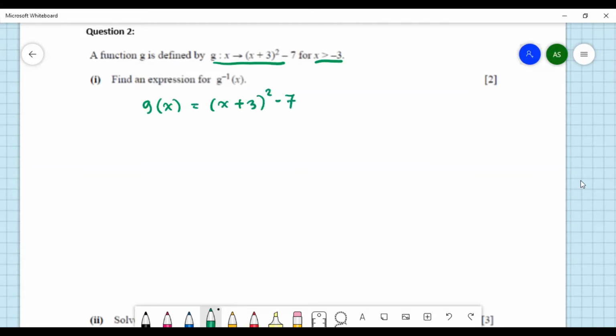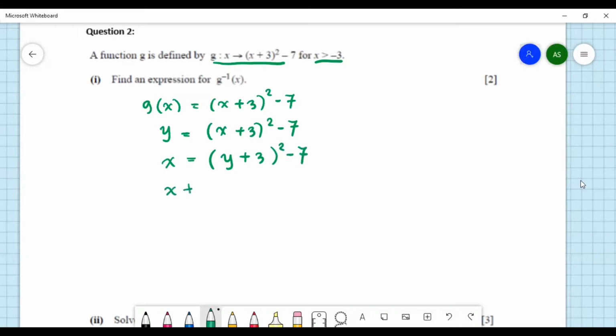Then the next thing is we change this to y is equal to (x plus 3) squared minus 7. Then we interchange x and y, so that will be x is equal to (y plus 3) squared minus 7. Then we make y the subject of the formula.